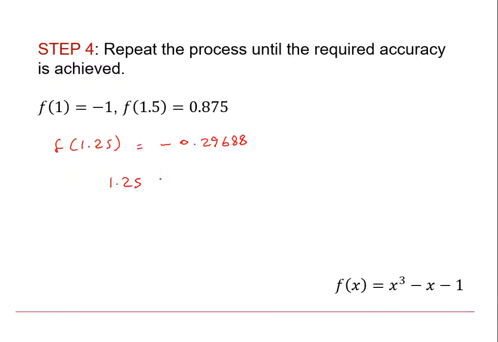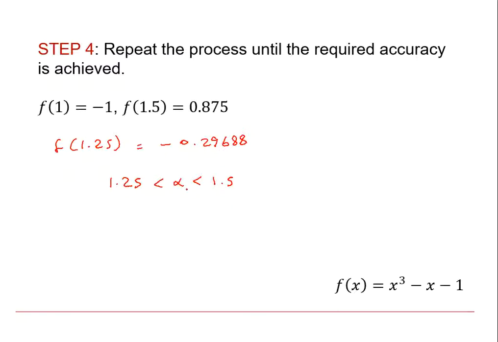So we now choose 1.25 as our left hand limit, and then the right hand side we haven't got anything better than 1.5, i.e. 0.875 is the closest we've got to 0. So we've now got a smaller interval for alpha.